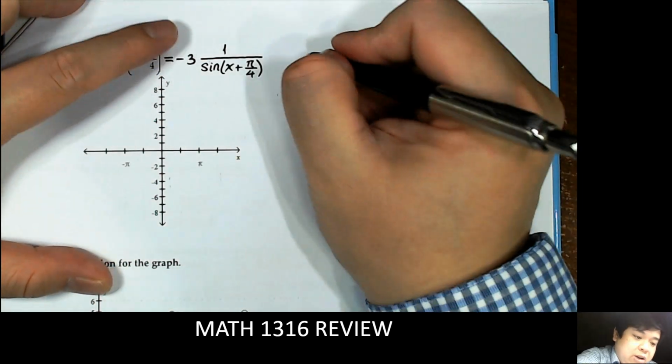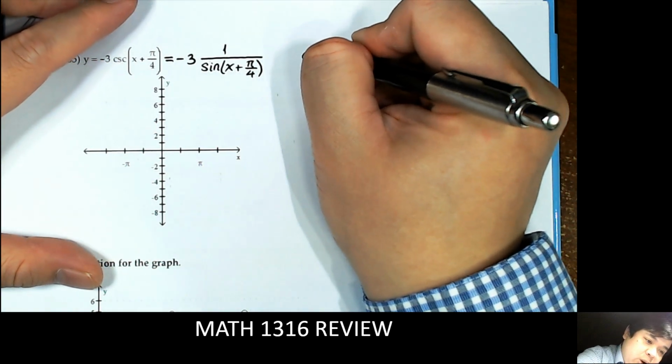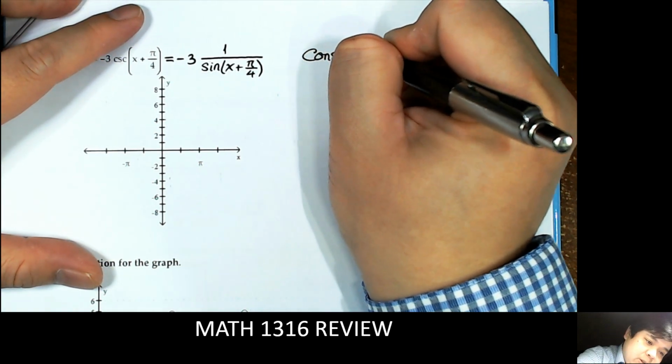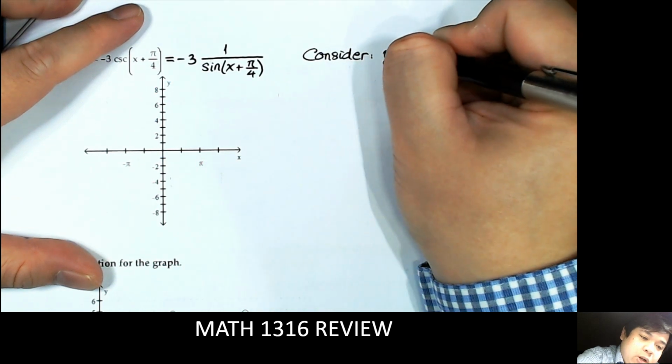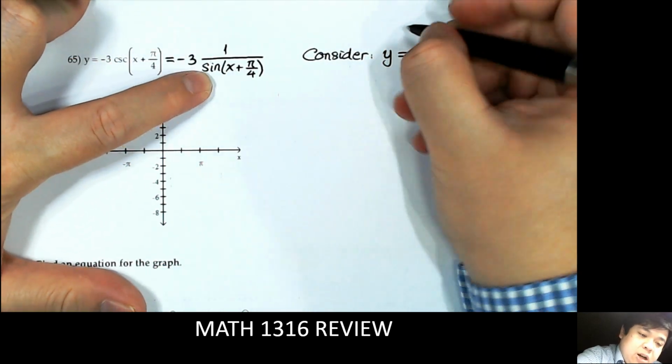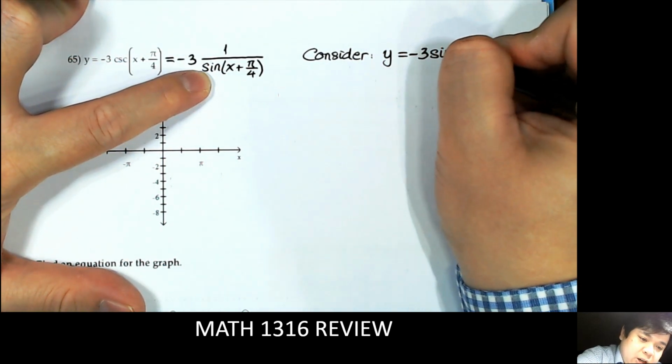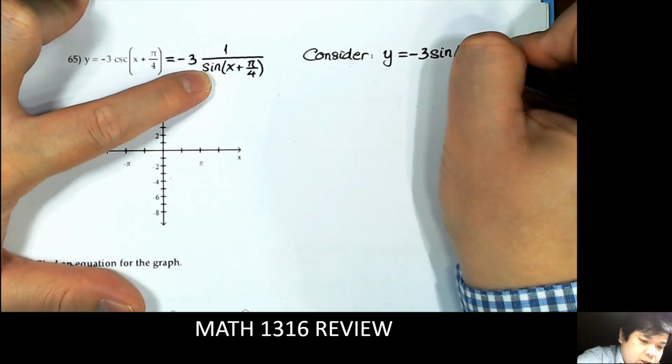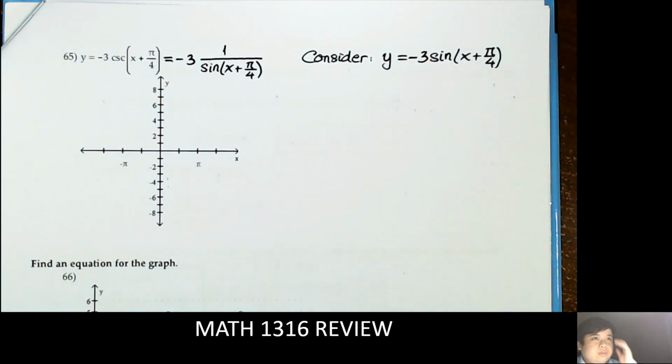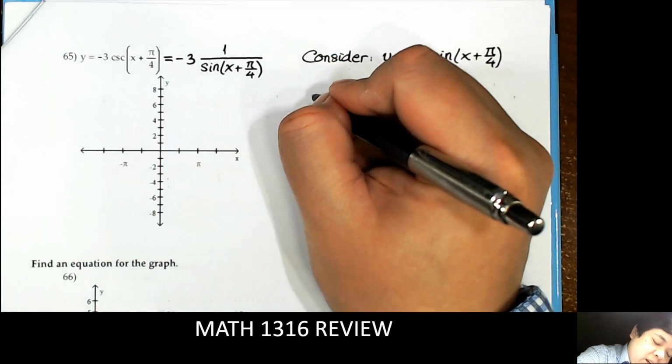So what we're going to graph, we will consider the graph of y equal to still negative 3 sine of x plus pi over 4. We graph the reciprocal function. All the steps will be there.